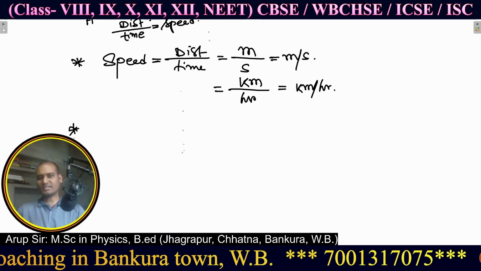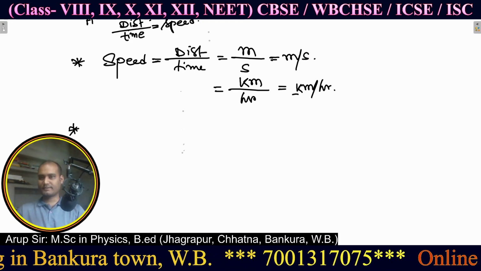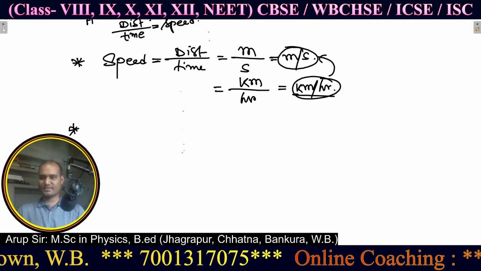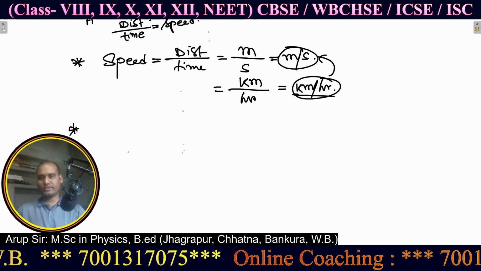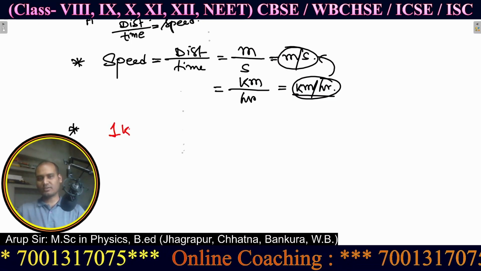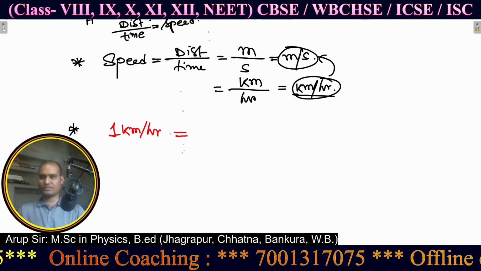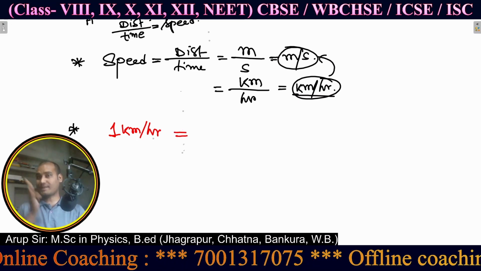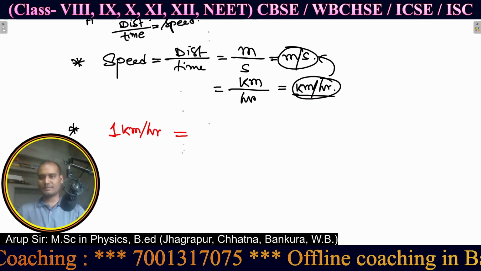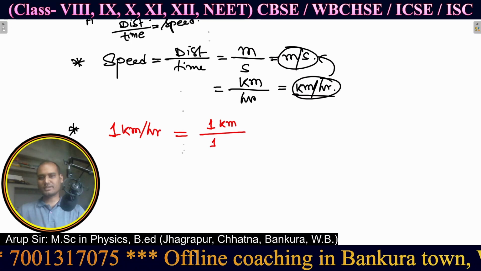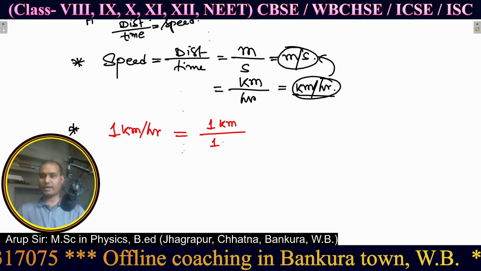Now sometimes they ask for the conversion from kilometer per hour to meter per second. So let's go into that point. 1 kilometer per hour is equal to how much meter per second? In physics, per means division. So 1 kilometer per hour means per 1 hour.